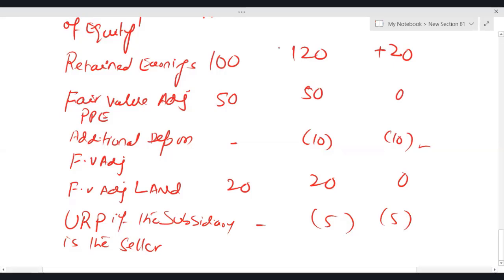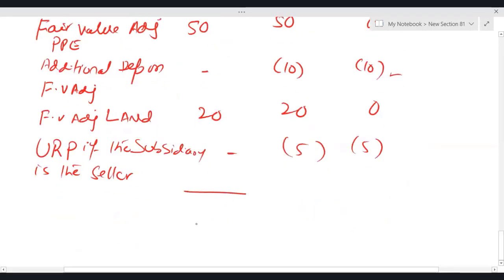So basically, unrealized profit on a stock, unrealized profit on property, plant and equipment, machinery will only be deducted if subsidiary is the seller. Then you will get net assets at acquisition, net assets at reporting date, and you will get a difference in the post acquisition, whatever comes.